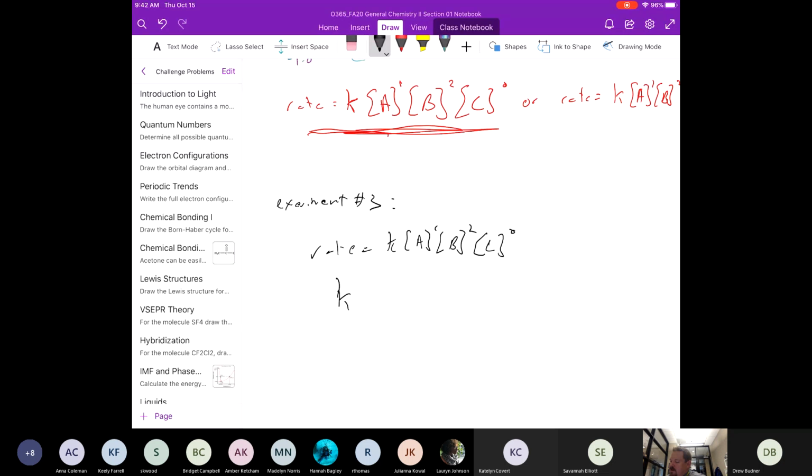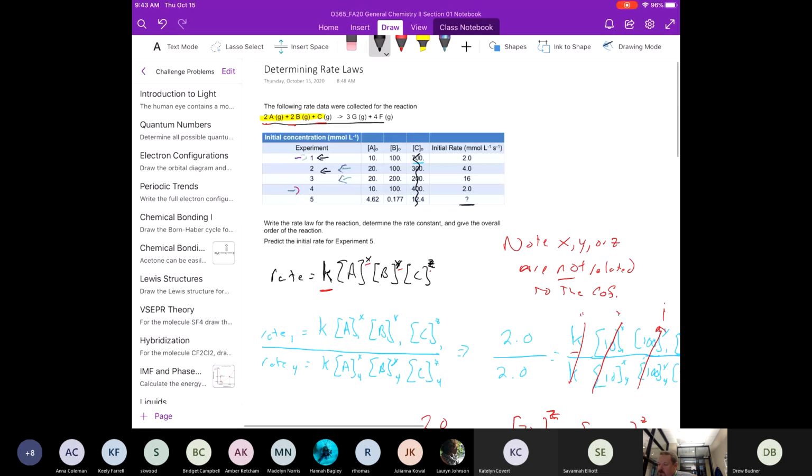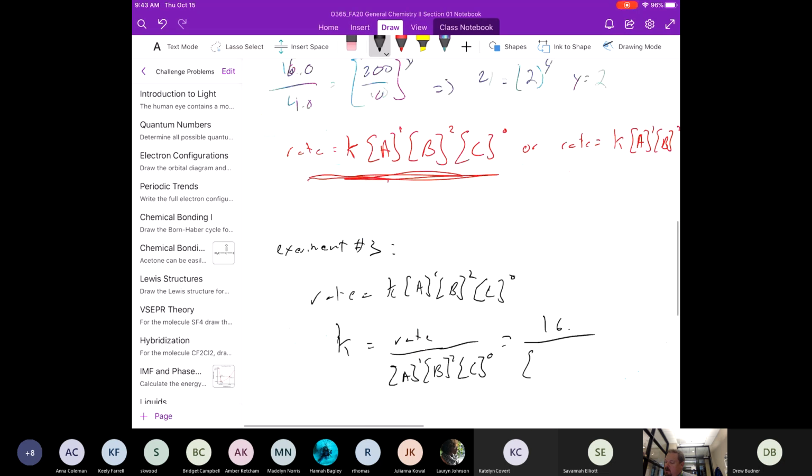So our rate constant K is equal to rate divided by the concentration of A to the first, B to the second, C to the 0. So this is going to be 16 divided by 20, 200 squared.